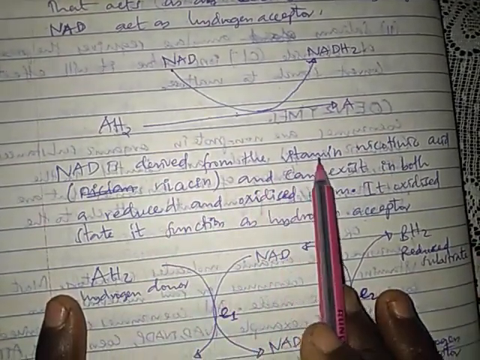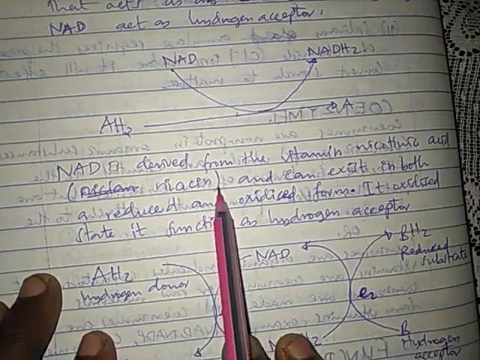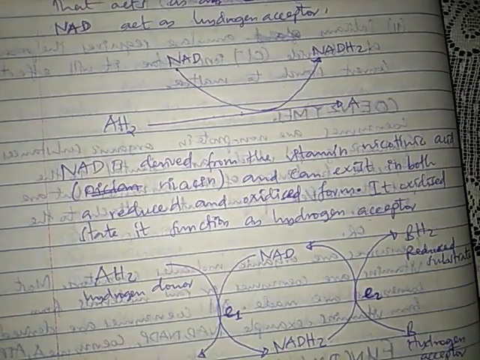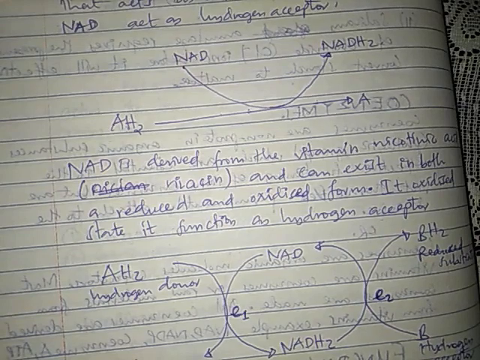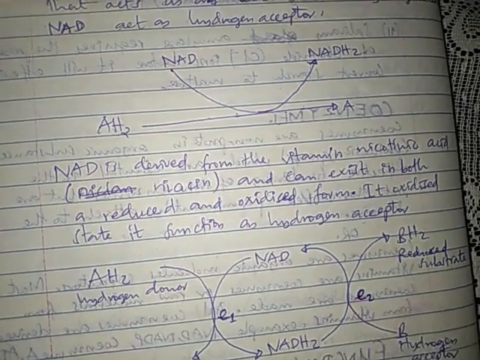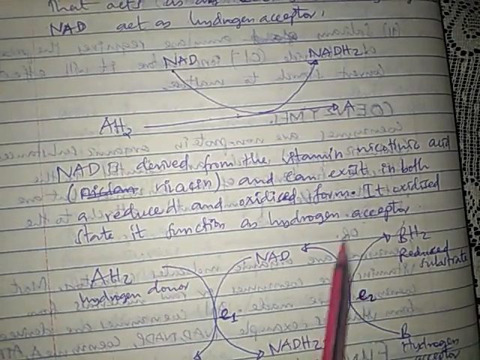Now, NAD is derived from vitamin nicotinic acid or niacin. So, NAD is derived from niacin and can assist in both a reduced and oxidized form. In its oxidized state, it functions as a hydrogen acceptor.